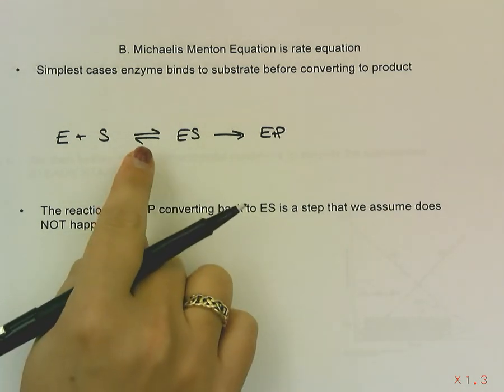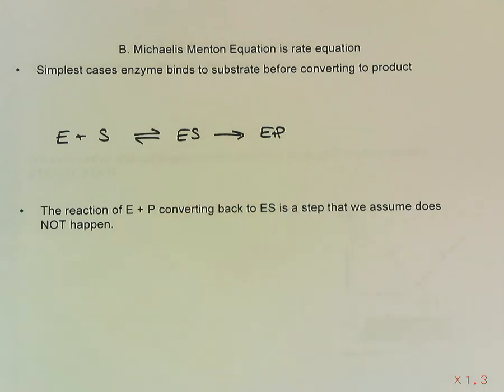And do the arrows that I have, equilibrium and then only one direction. So E plus S is in equilibrium with an enzyme substrate complex, which can only head off to enzyme plus product.